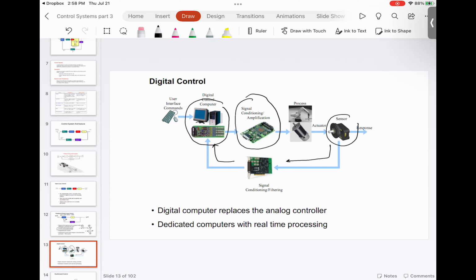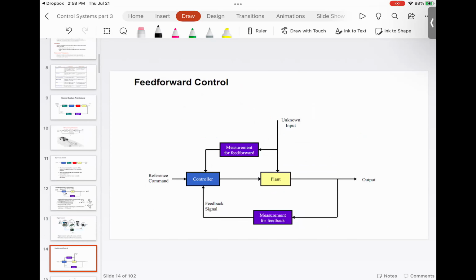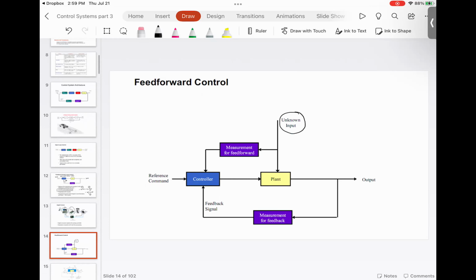If you run this system very fast, then you can approximate the digitized output to be equal to the analog output. There is something called feed forward control, wherein you adjust the input so that the unknown disturbance is already compensated. So basically you can have this unknown input, and then you compensate for that by tuning the input.